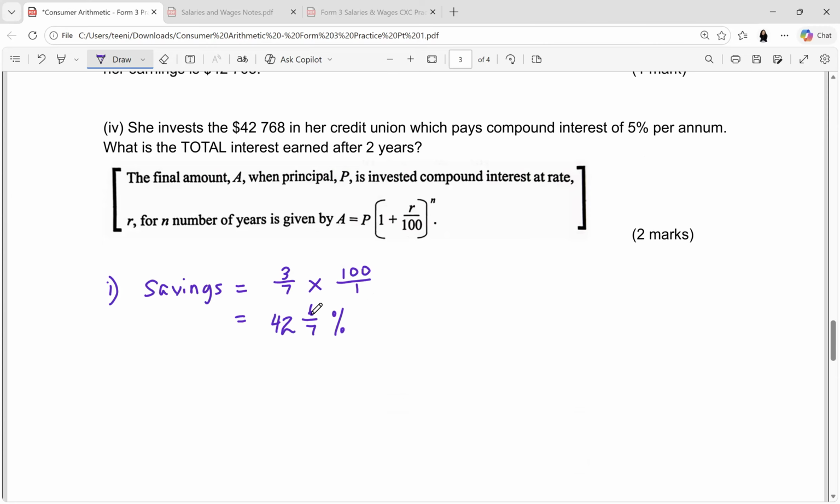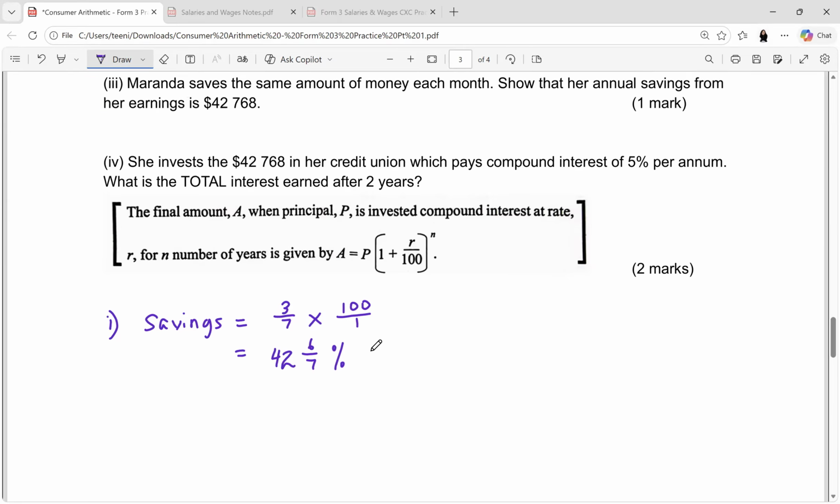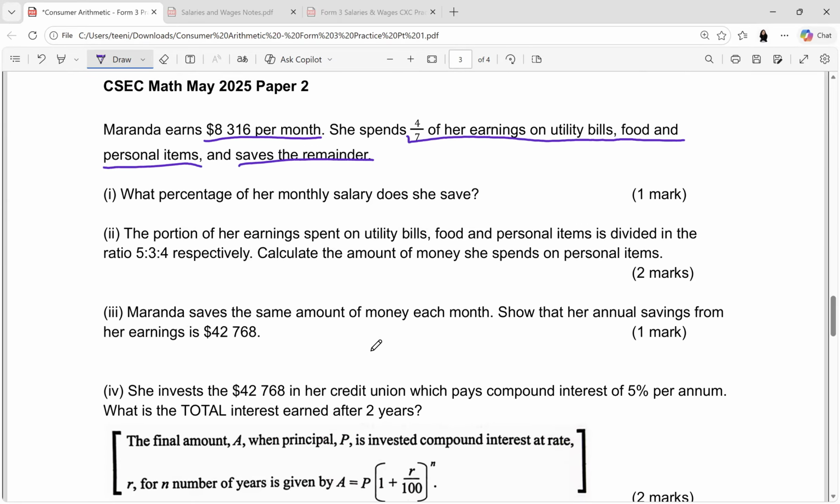Right? And I prefer if you write it as a fraction. Even though you can write it as a decimal, you'll have to round it off to like 2 decimal places. But this would be the exact value here, right? 42 and 6/7%.